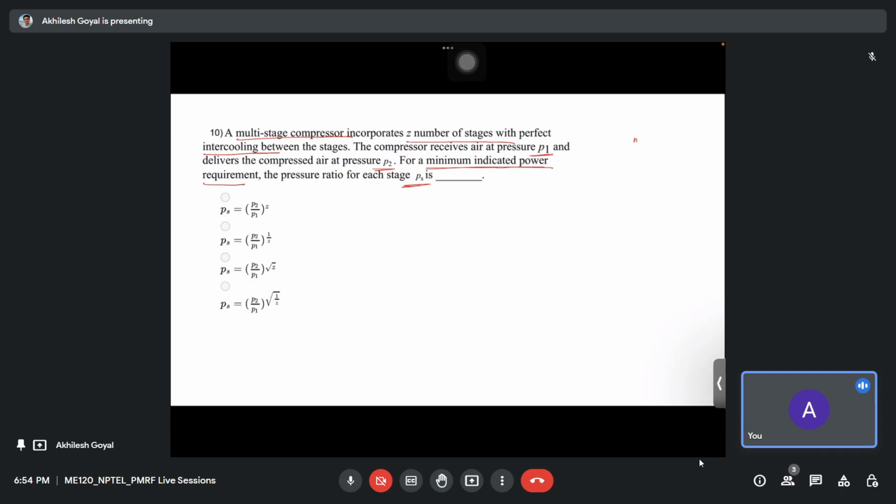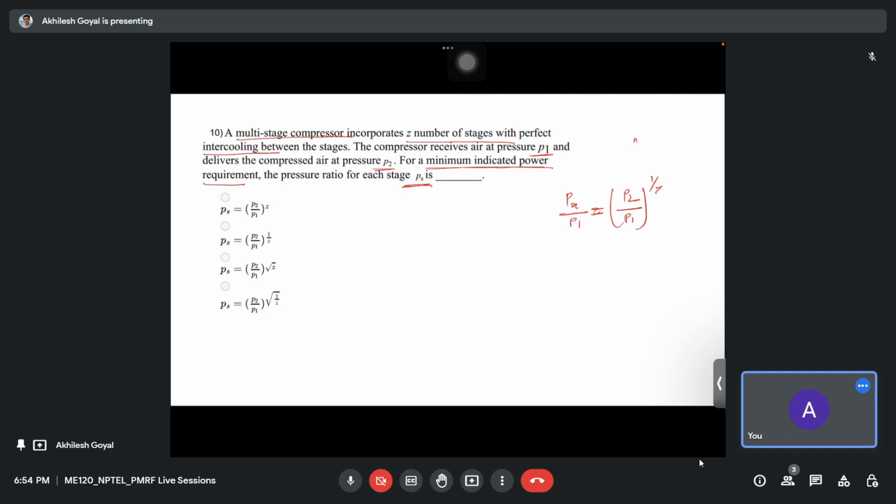As we discussed in the second or third slide, for the minimum indicated power requirement, the pressure ratio Px by P1 is P2 by P1 raised to the power 1 by Z, where Z is the number of stages.